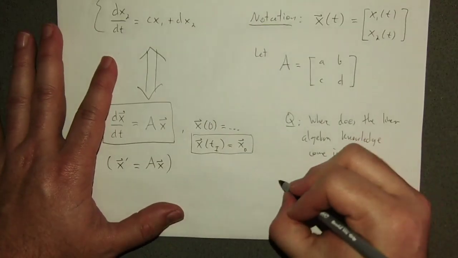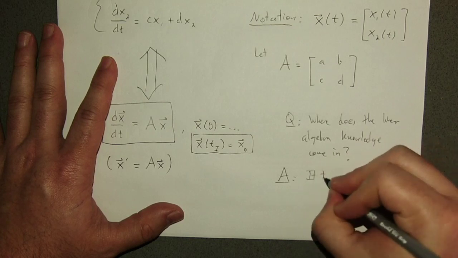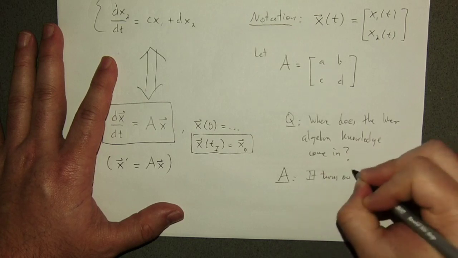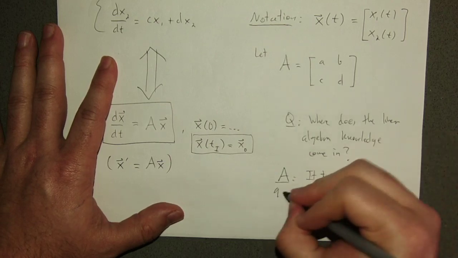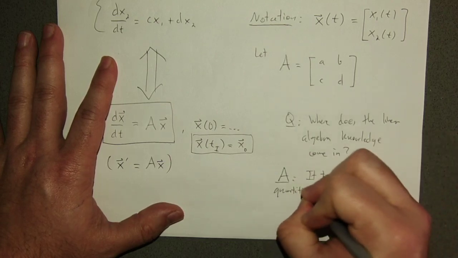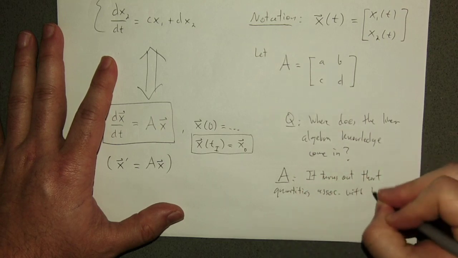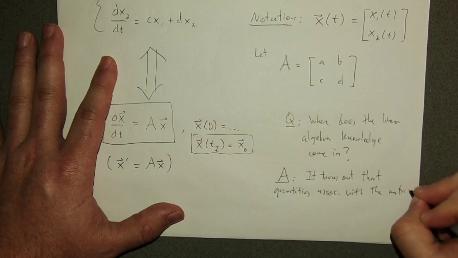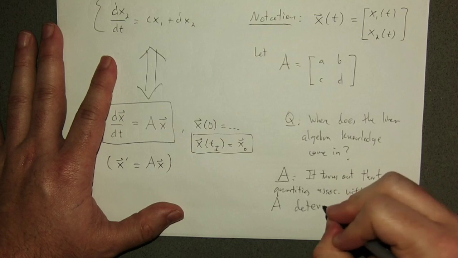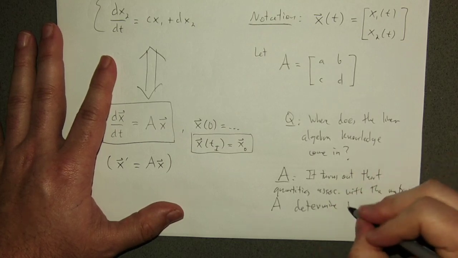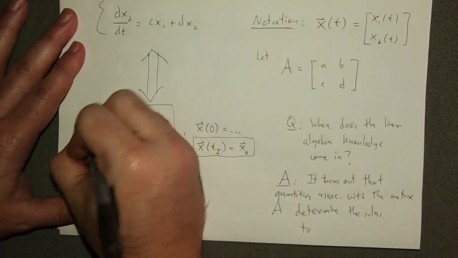So the answer is that it turns out that quantities associated with the matrix A determine the solutions to, again, we'll call this star.